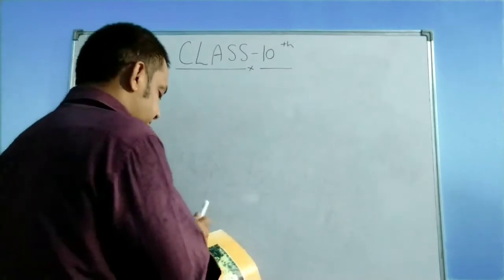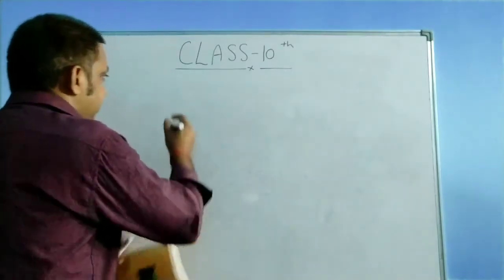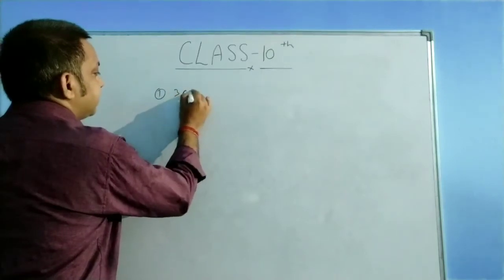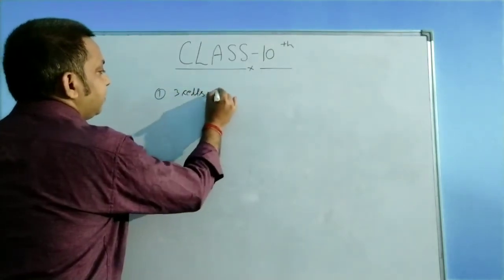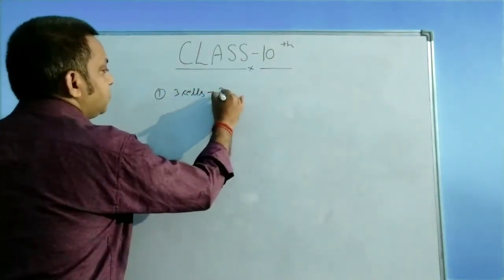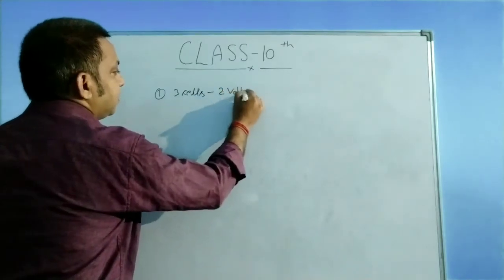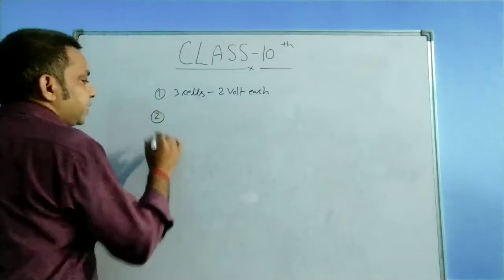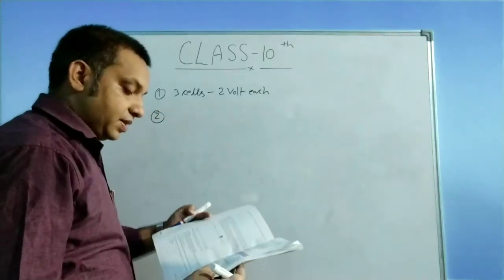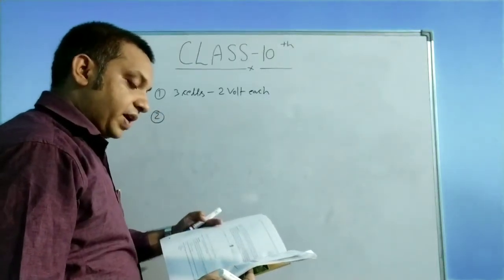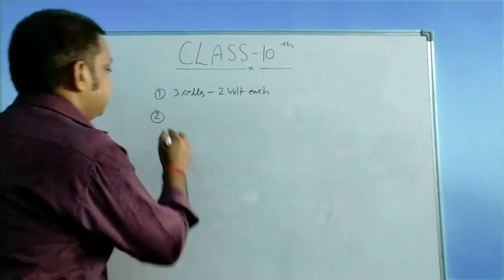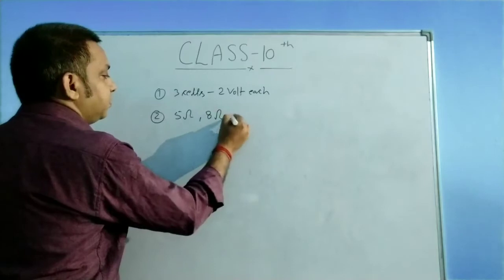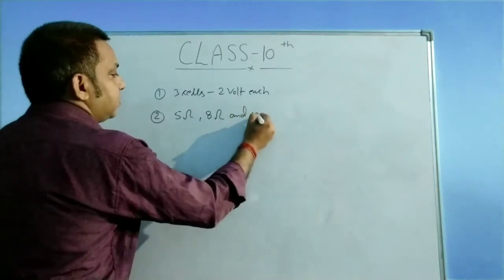So we have 3 cells of EMF 2 volt each. And the second term is given: we have the resistances 5 ohm, 8 ohm and 12 ohm.